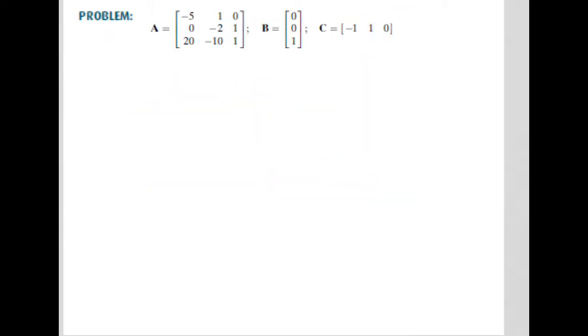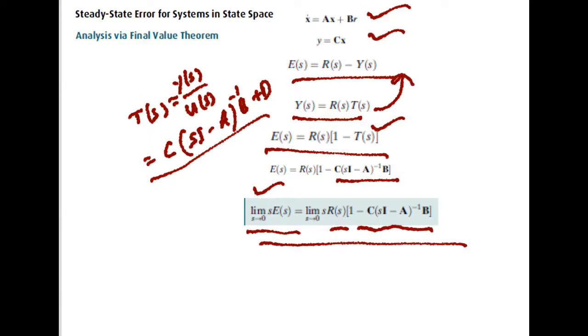Now we have a problem. We have to calculate the steady state error in this case for unit step and unit ramp inputs. We substitute all these values in the previous equation, and finally we obtain this.